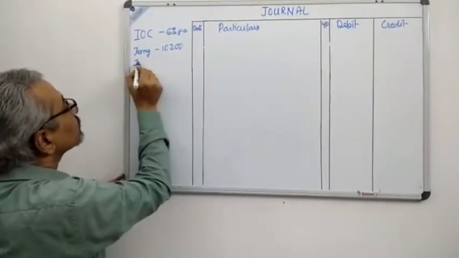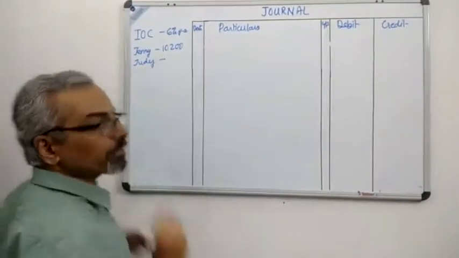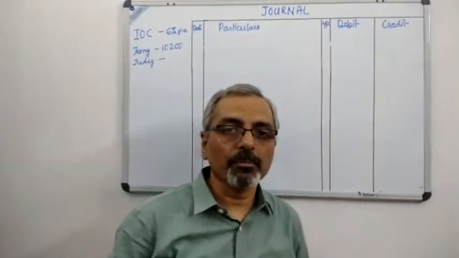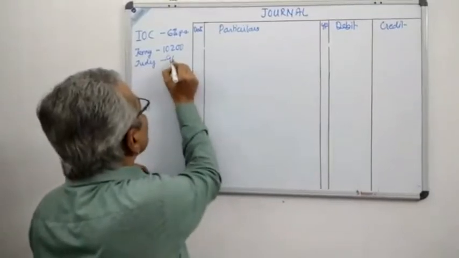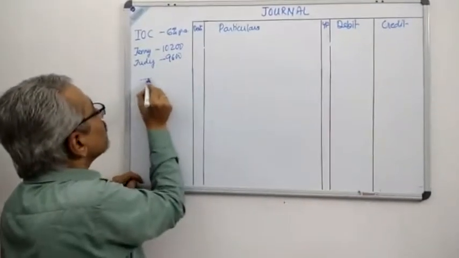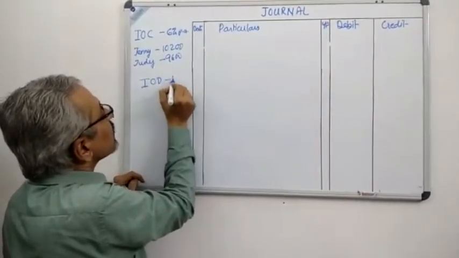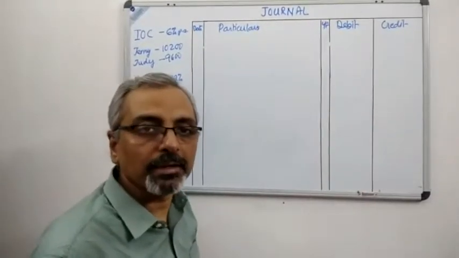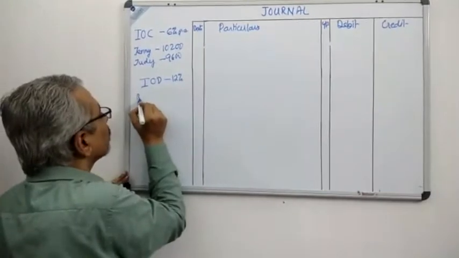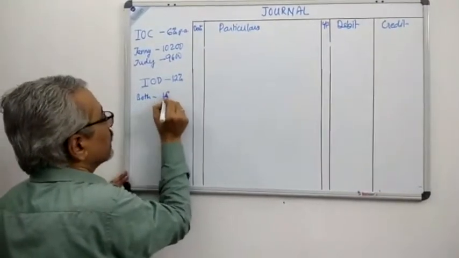For Judy, if you remember very correctly, it had come to 9,600. And the interest on drawing, which was at 12%, for both the partners was the same amount, 1,800.